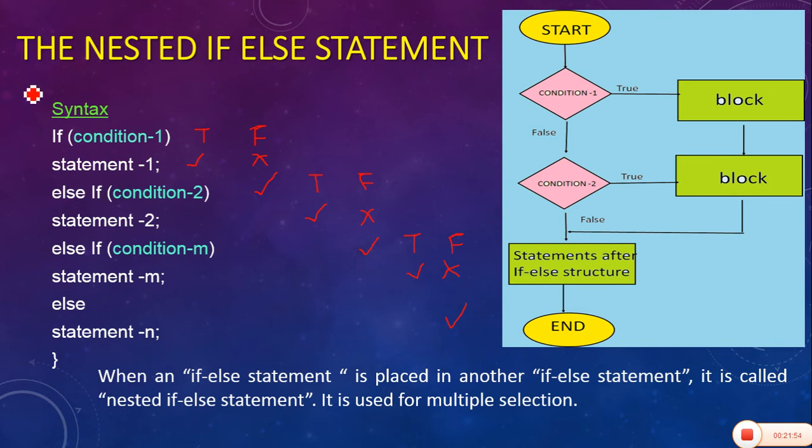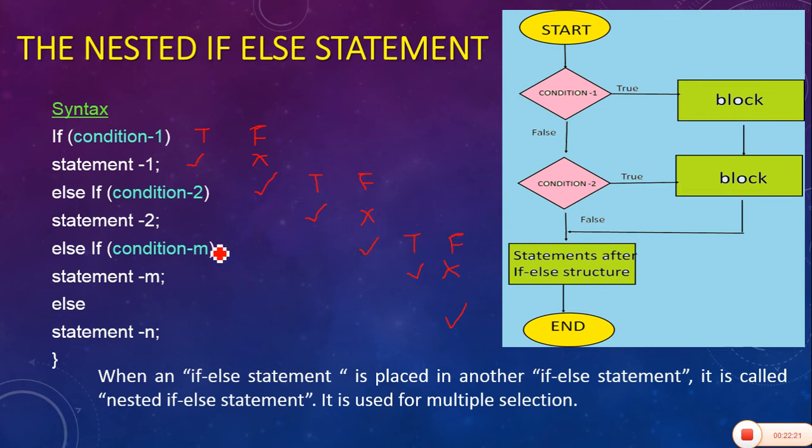Here you can see that if this condition is true, then this statement will be executed, and if it is false, then the control will be shifted towards its else, and this condition will be checked. If it is false, then statement number 2 will be executed. If it is false, then it will be ignored, and the control will shift towards its else.